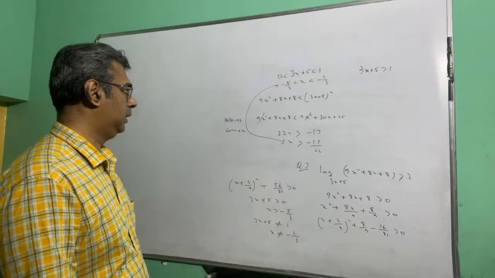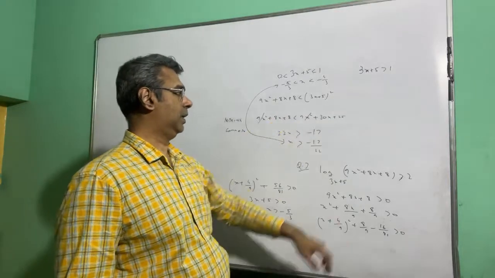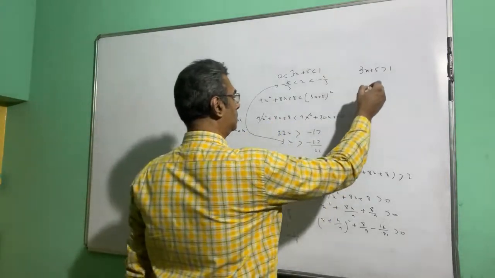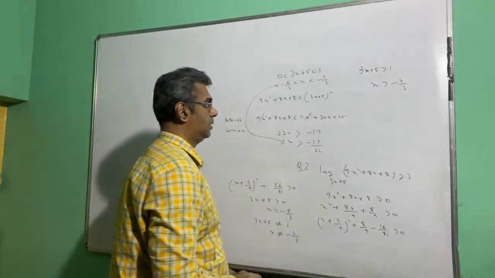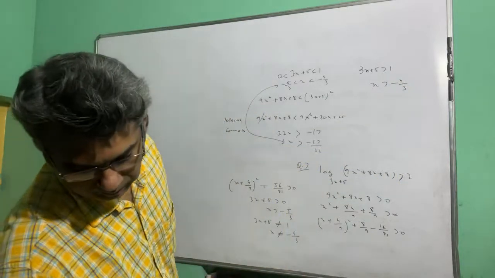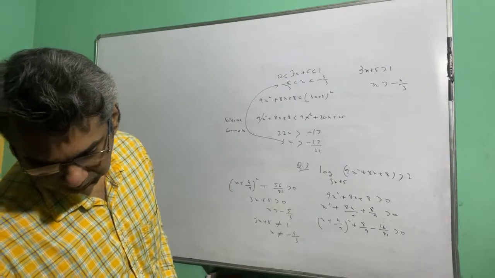Then we get another possibility, 3x plus 5 greater than 1. So if 3x plus 5 is greater than 1, then x is greater than minus 4 by 3.